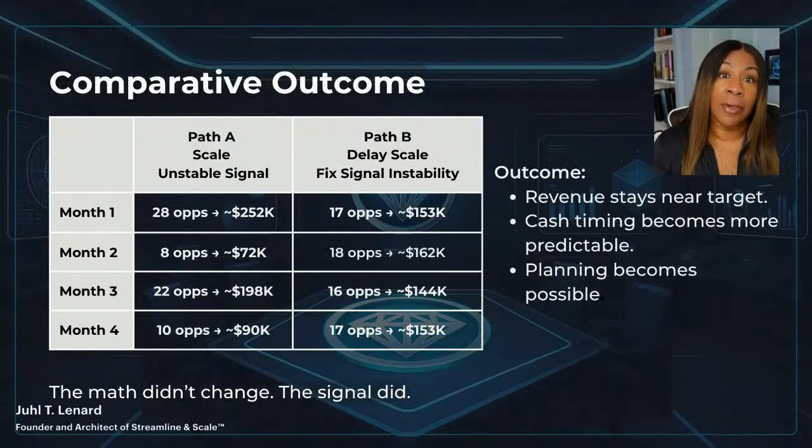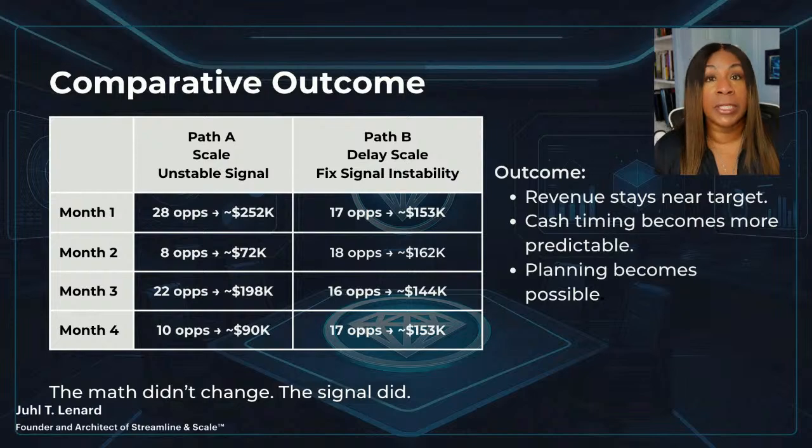Now, let's look at the outcome. Two paths. Path A, scale the unstable signal. Path B, delay the scale, fix the signal instability. And what is the outcome from that? We can look at months 1 through 4, and in comparison, you can see that path A we've talked about, it's all over the place.